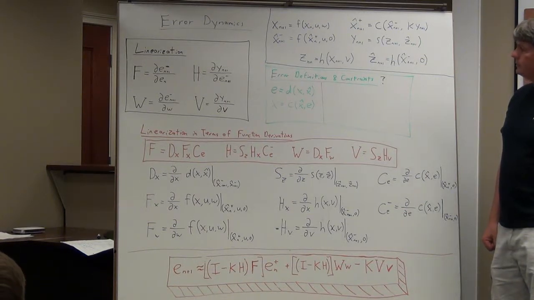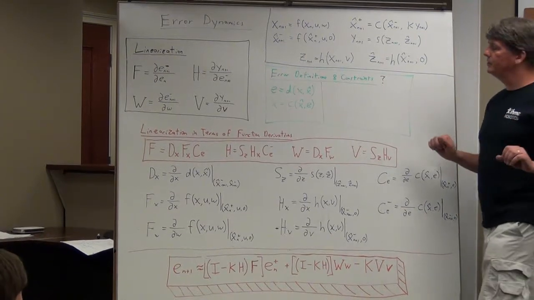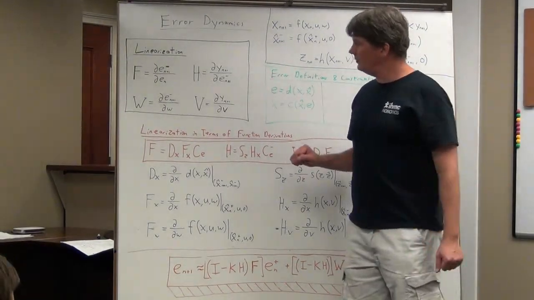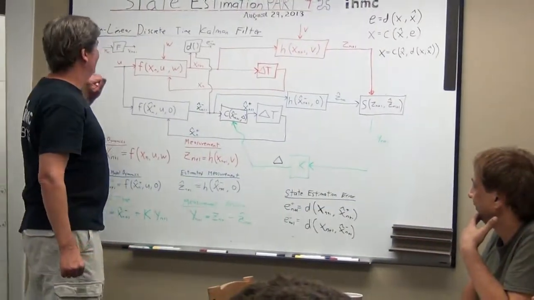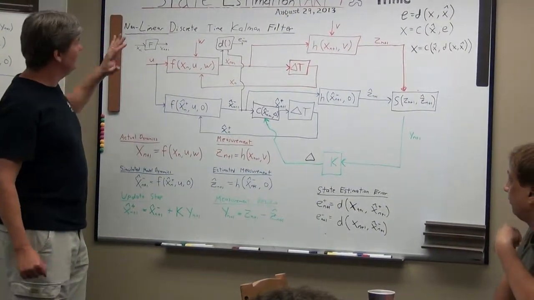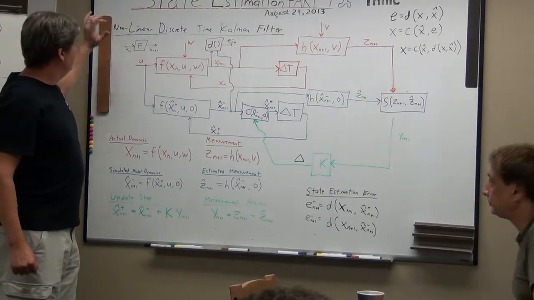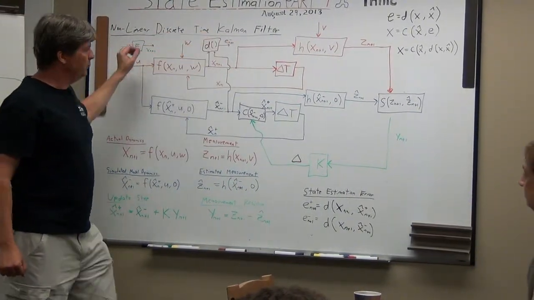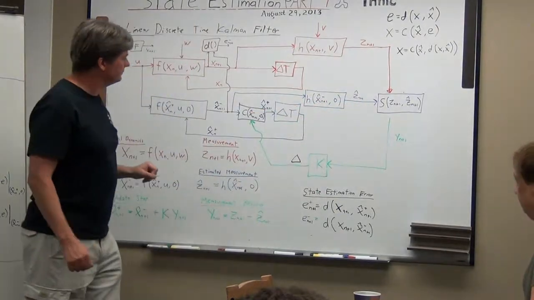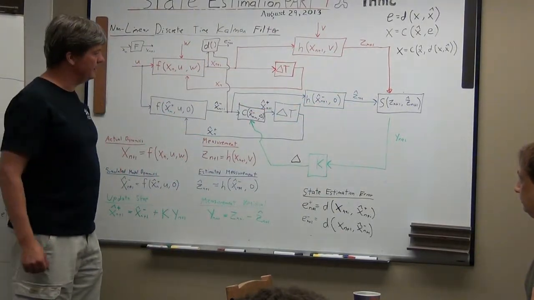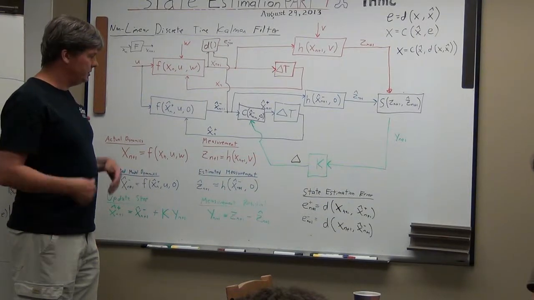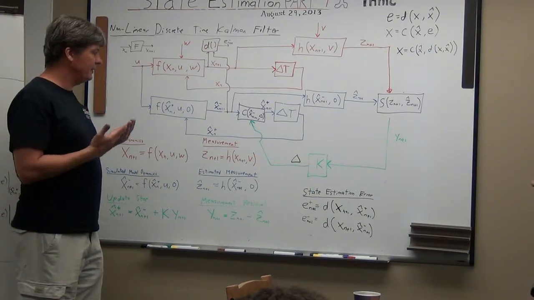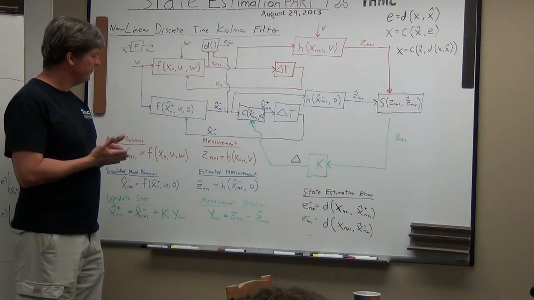I think that's about all I have to say about that right now. But in general, if you go to the high level summary of everything, it would be that if you're doing a nonlinear discrete time Kalman filter with nonlinear updates, the block diagram is going to look like this. What you're doing is just linearizing everything about 0 error.